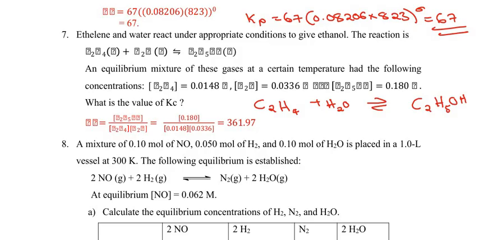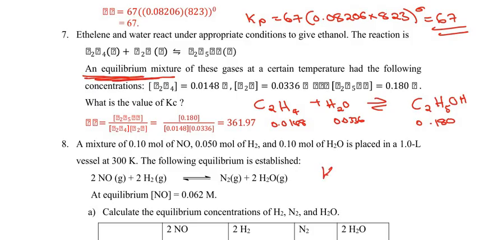Then they've given us the concentration at equilibrium to be 0.0148 for the ethylene. For the water, it's 0.0336. Then for the ethanol it is 0.180. So these are values at equilibrium.